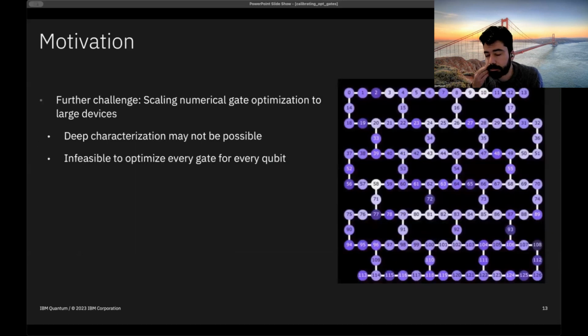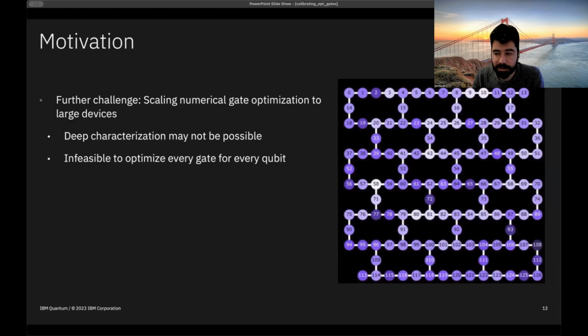And this problem gets even worse if you think about applying this to a huge device with many qubits. Sometimes people say, okay, you can alleviate this issue by characterizing things further, but we don't actually want to spend the time and resources to do deep characterization of every qubit.